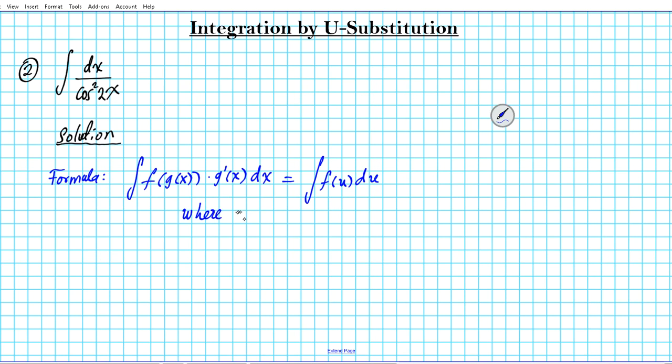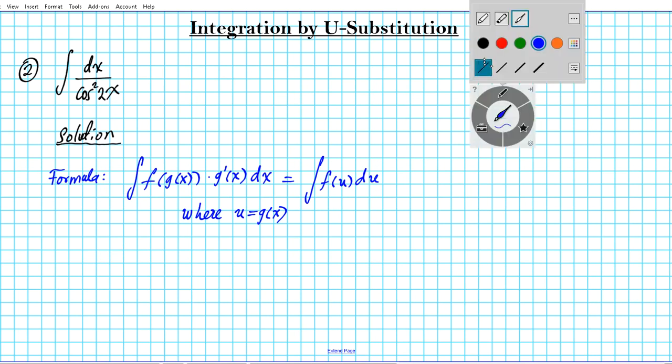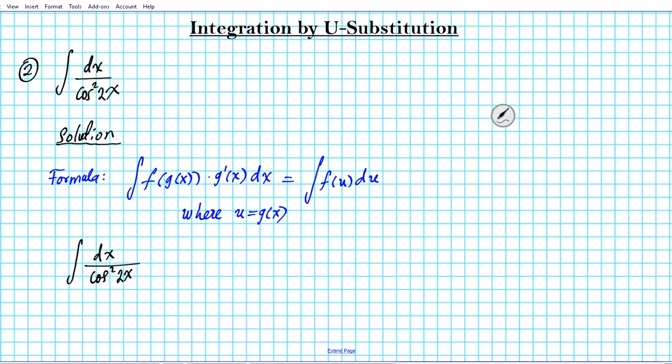Okay, this happens where u is the inner function g of x. Alright, so we're going to apply that here. So first thing we're going to do, as we did in question number 1, is rewrite this in a way where it's easy for us to identify what the inner function and f of g of x are.